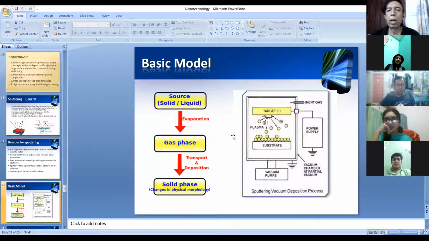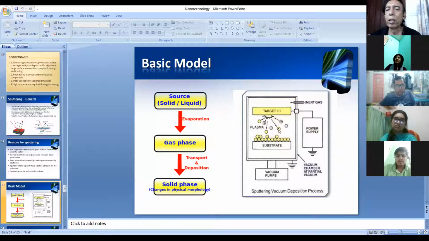This is the target, and if you hit the target, the material will come out and condense onto the substrate. Here also evaporation occurs. How does evaporation occur? You see here, these are the target molecules, for example aluminum molecules.